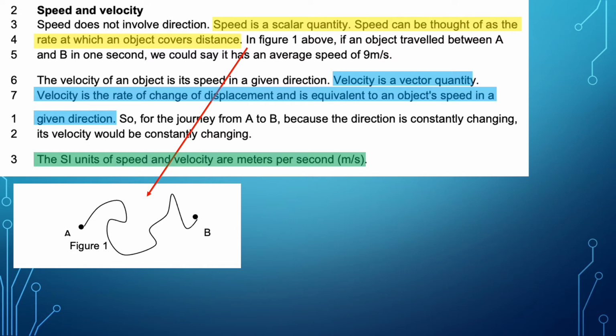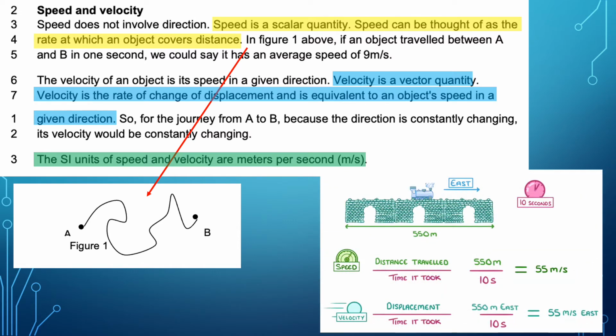Okay. Just to finish this off, I just have a small diagram here that really quickly explains what the difference is. So if you have a train that covers a distance of 550 meters in 10 seconds, then your speed for that would be whatever the distance was traveled over the time it took, which is 550 over 10 seconds, and you get a speed of 55 meters per second.